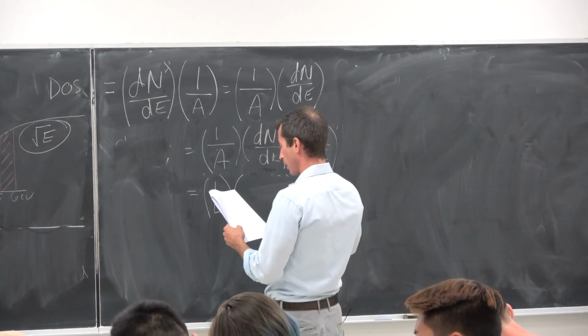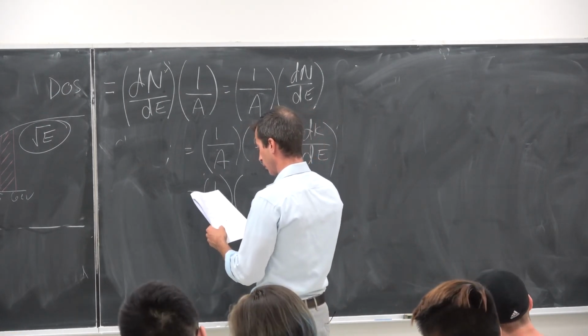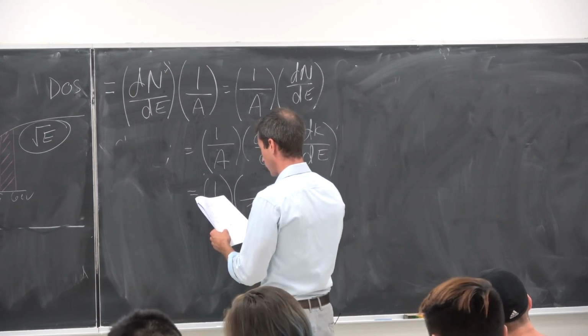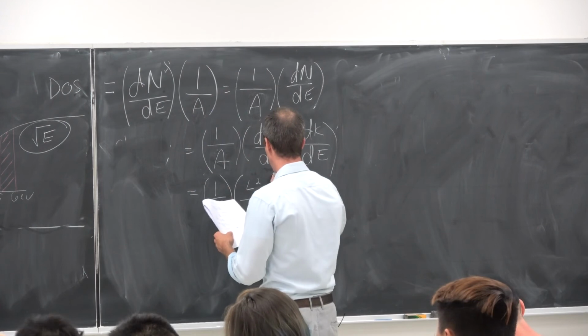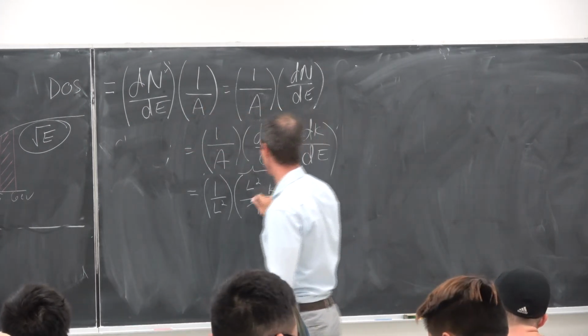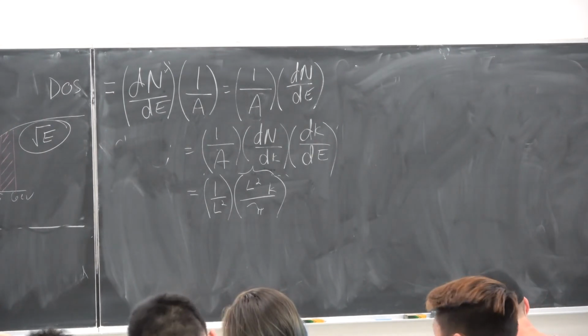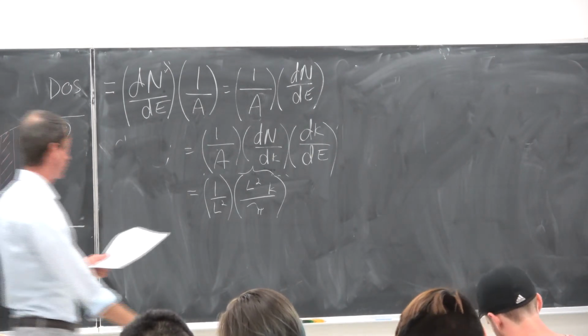When you simplify this down, dn dk is L squared k over pi.